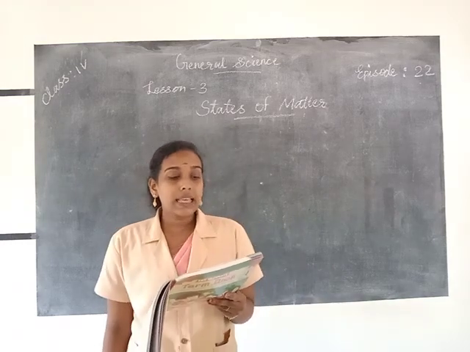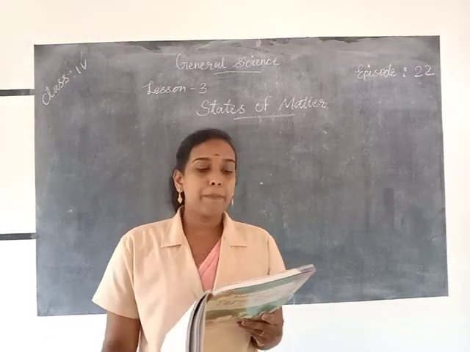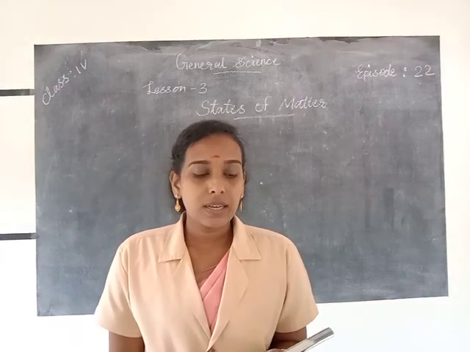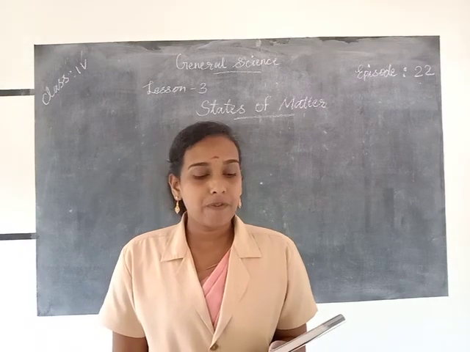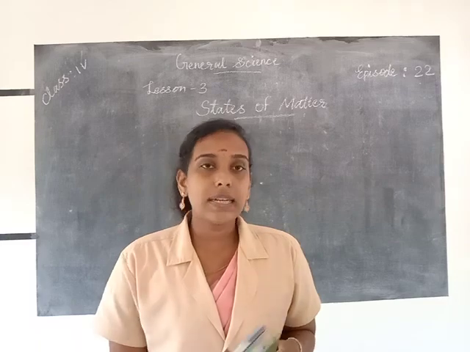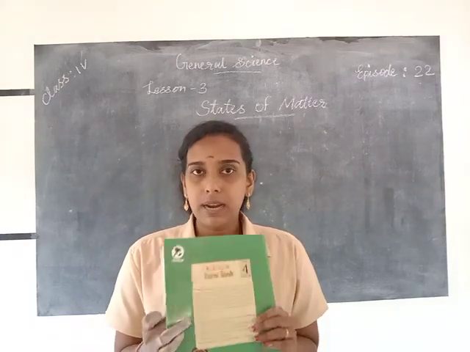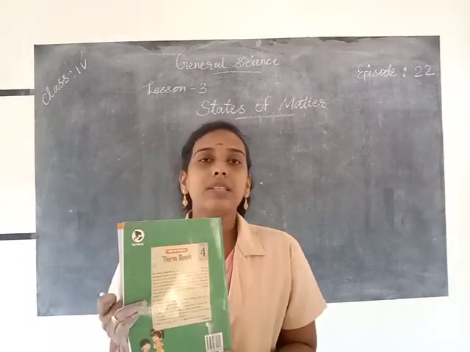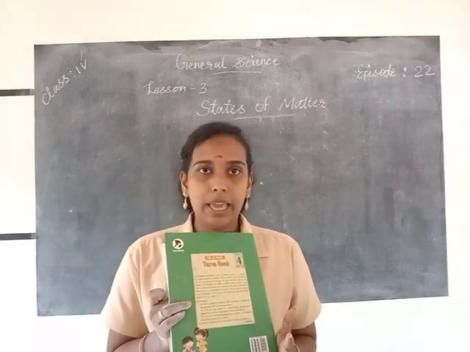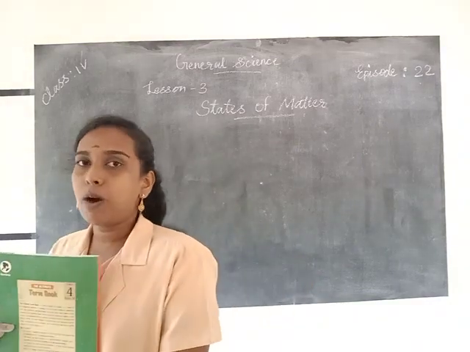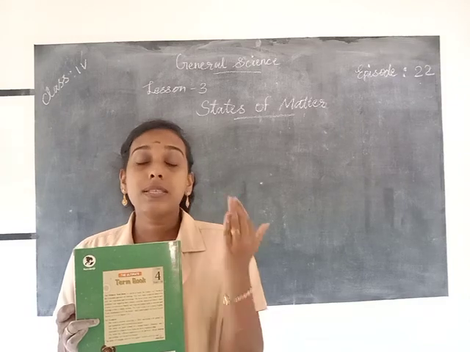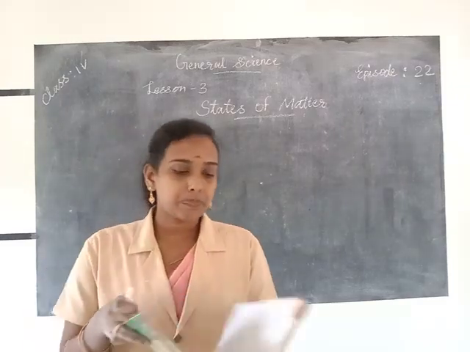This is because the book and the pencil box are solids. So we can conclude that solids have a definite shape. Solids have a fixed shape. If you consider your textbook, it's a solid state and it has definite shape because the molecules are very closely packed. Okay. And if you consider your pen or pencil, it has definite shape. So they are solid states of matter.